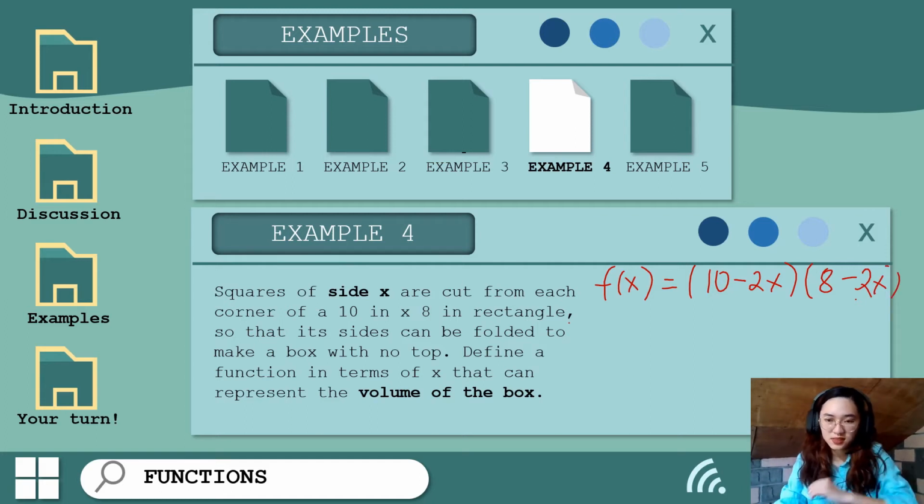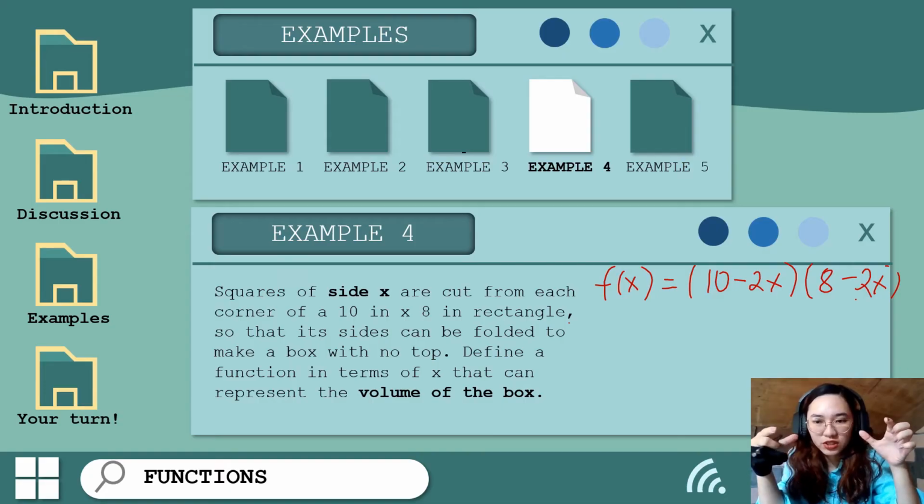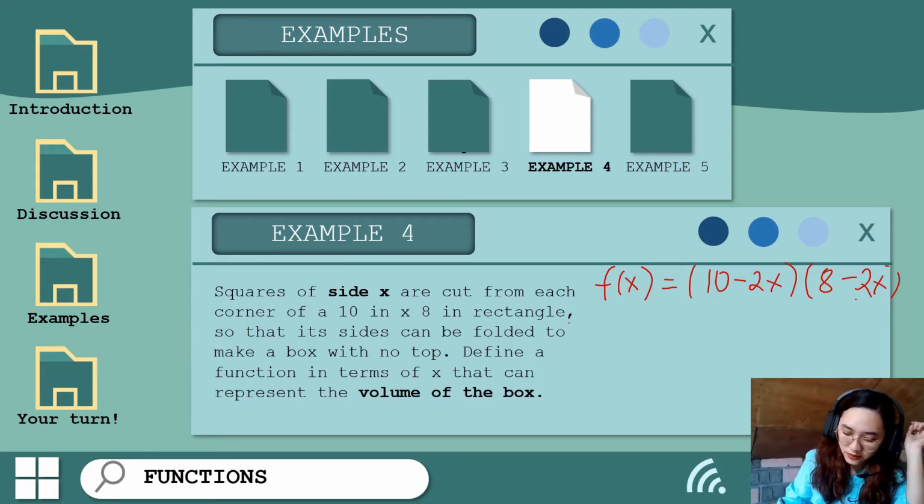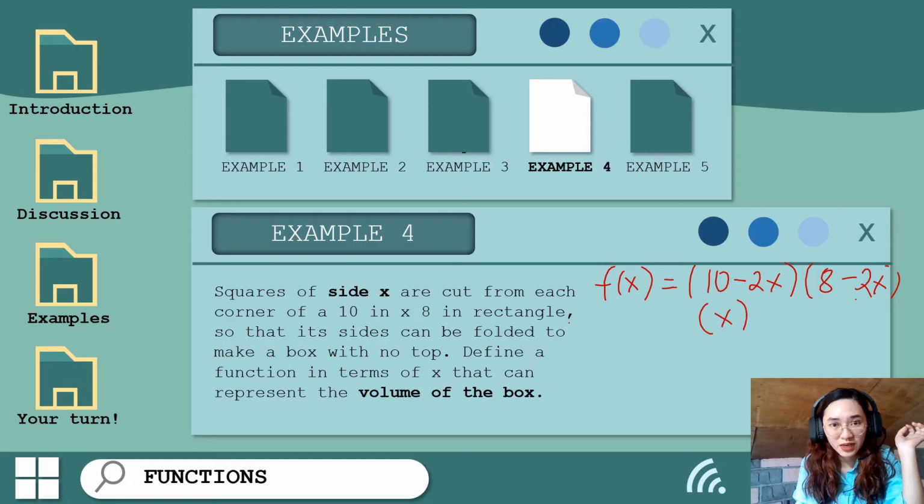And if you imagine the box, ang magiging height niya po ay yung natuping side. Ayan. So, that will give us x. So, ito na yung volume of the box that can be represented by the function 10 minus 2x multiplied by 8 minus 2x multiplied by x.